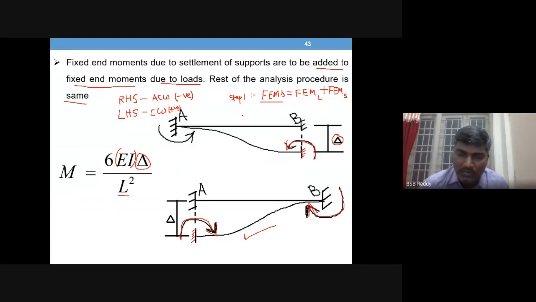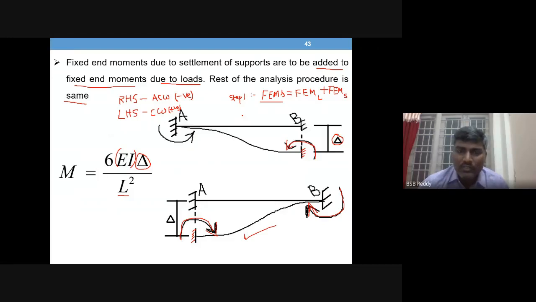Then again, if the joint balance is disturbed by the carryover moment from the adjoining joints, you balance it again and carry over that moment to the far ends. This cycling is carried out in the same way as done for the earlier cases.